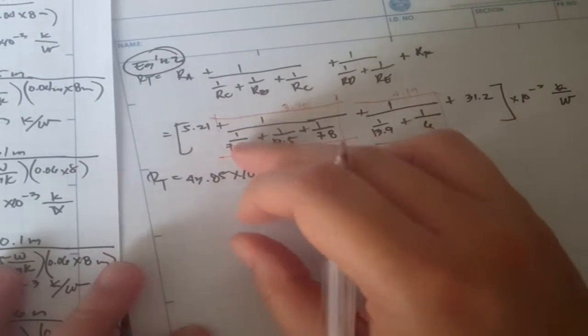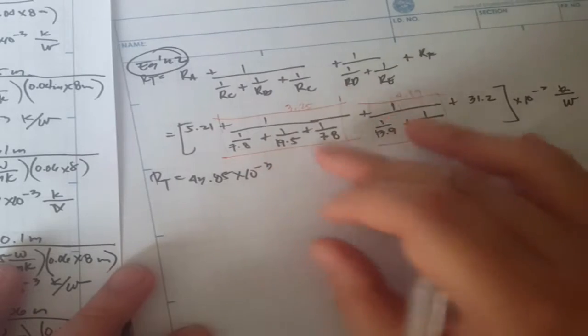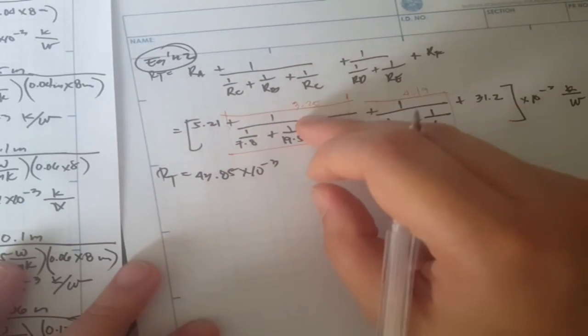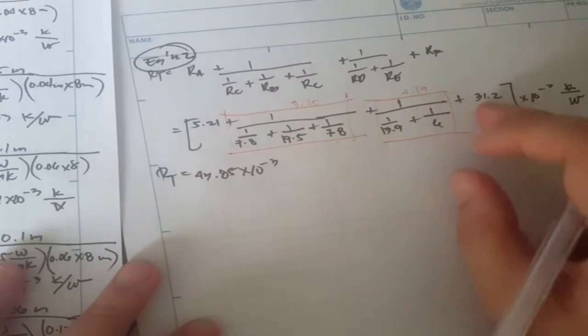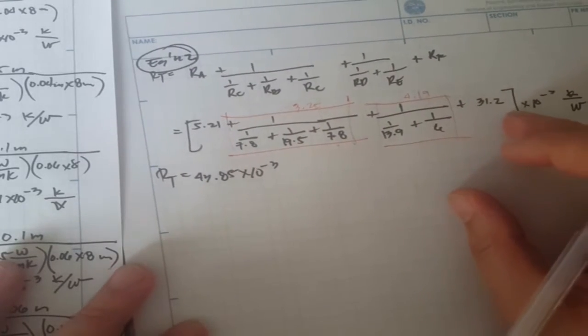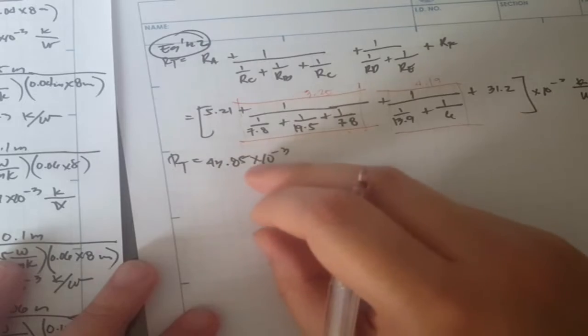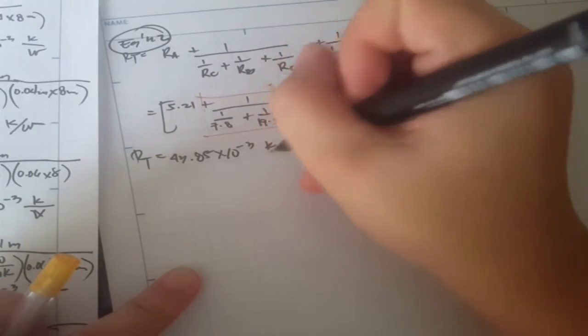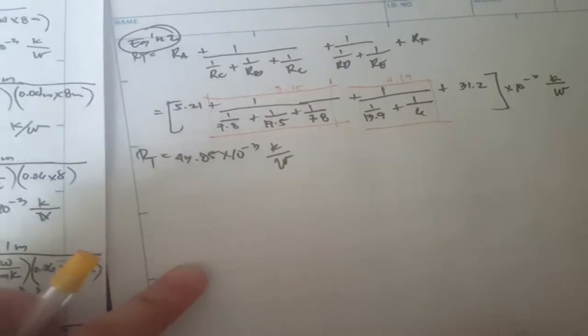Later on we can use these values also. So all in all, 5.21 plus 3.25 plus 4.19 plus 31.2 is equal to 43.85 times 10 to the negative 3 K per W.